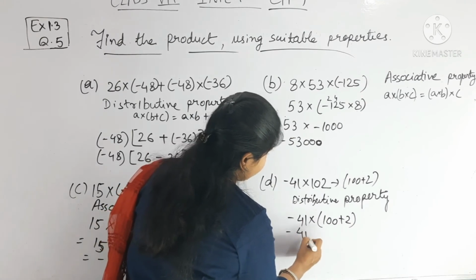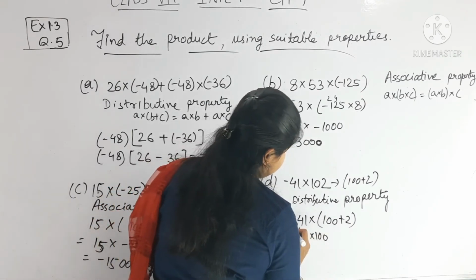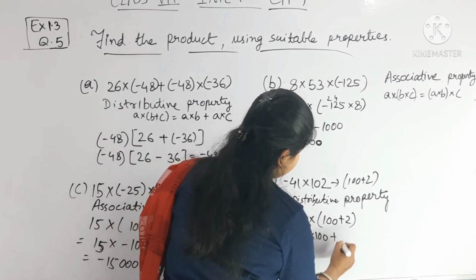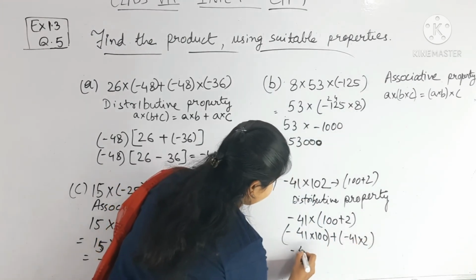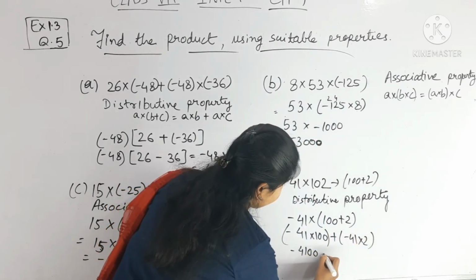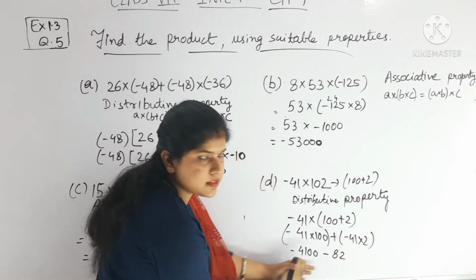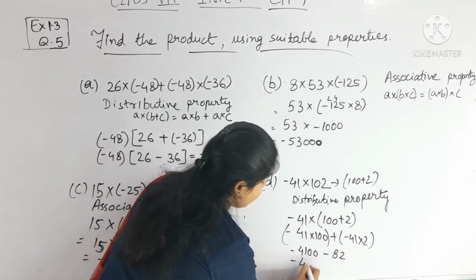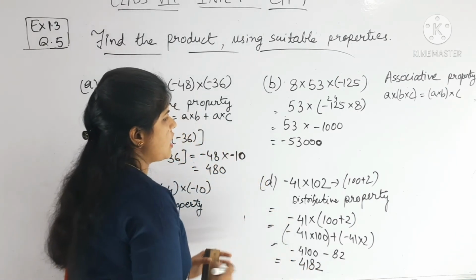So minus 41 into 100, plus minus 41 into 2. So here I am getting minus 4100, then minus 2 ones are 2, 2 4s are 8. So minus minus will be plus. So I am getting minus 4182. This is the answer.